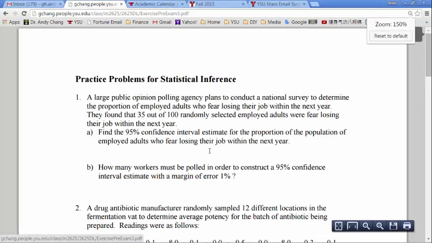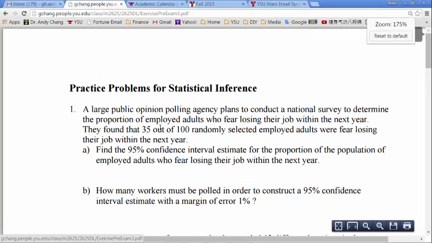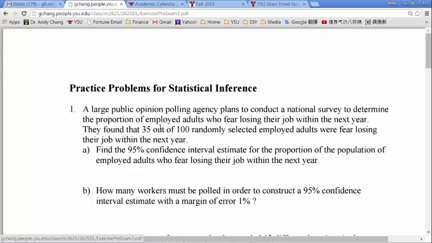In this exercise problem, a public opinion poll agency wants to estimate the percentage of employed adults who fear losing their job within the next year. They took a random sample of 100 subjects, and 35 of the selected employed adults fear losing their job within the next year.